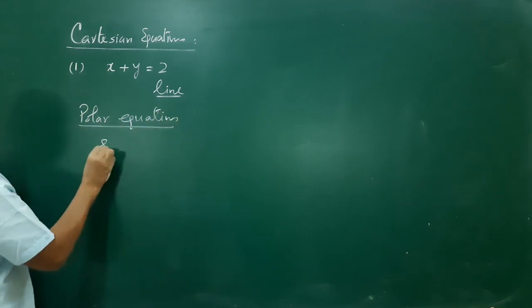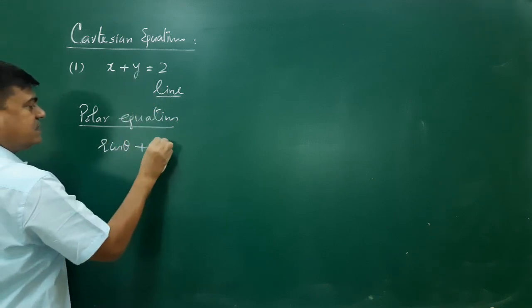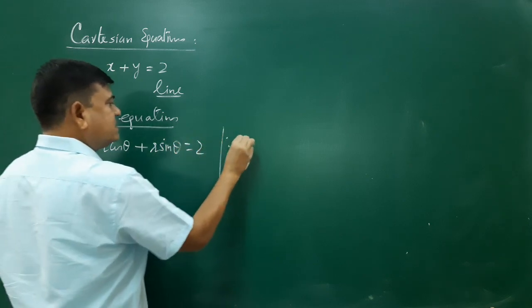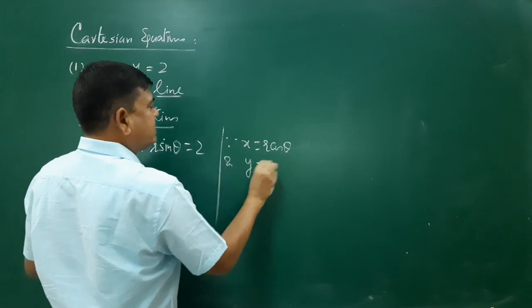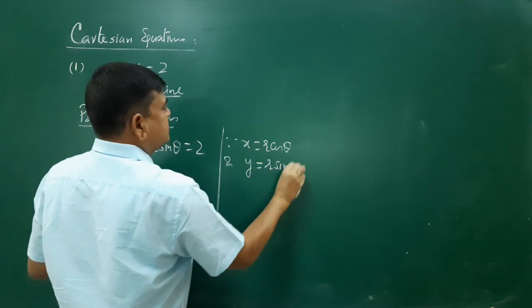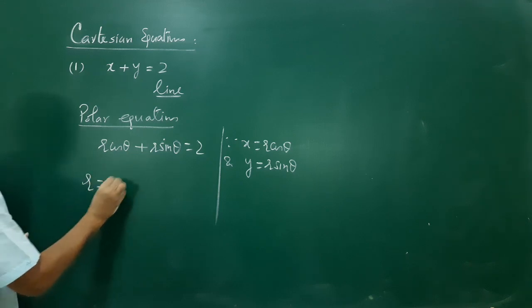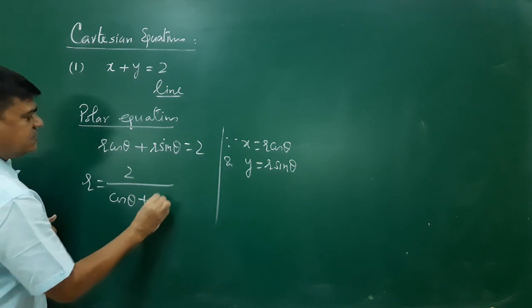What is x? r cos theta. What is y? r sin theta. That equals 2. Since x is r cos theta and y is r sin theta, this is r equals 2 upon cos theta plus sin theta.